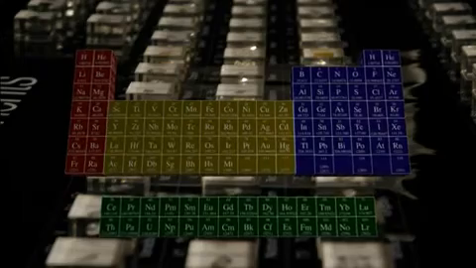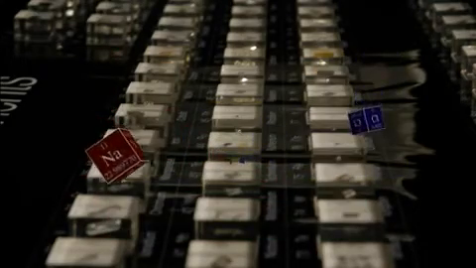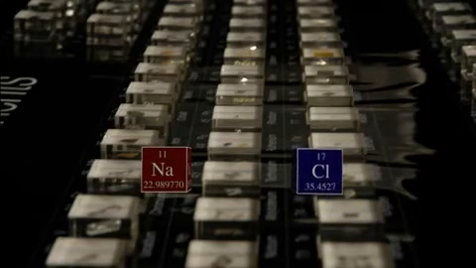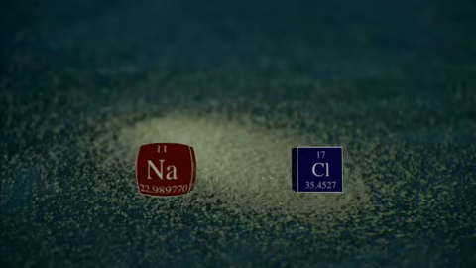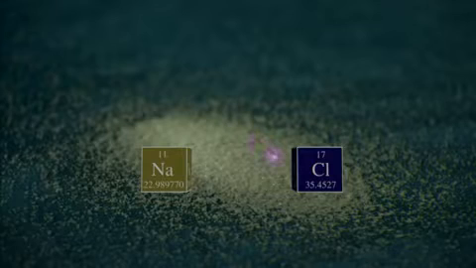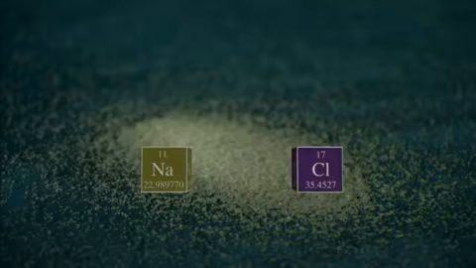Table salt, as we know, is made up of sodium and chlorine, and so it is called sodium chloride. In forming table salt, the sodium atom gives up an electron and becomes positively charged. The chlorine atom picks up the electron since it is more electronegative and becomes more negatively charged.